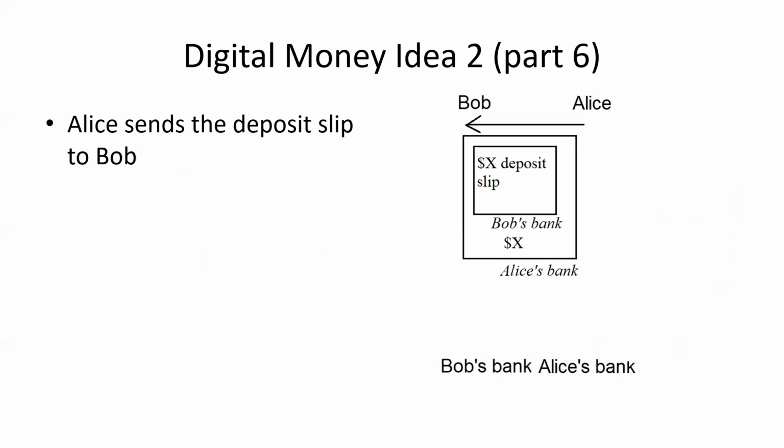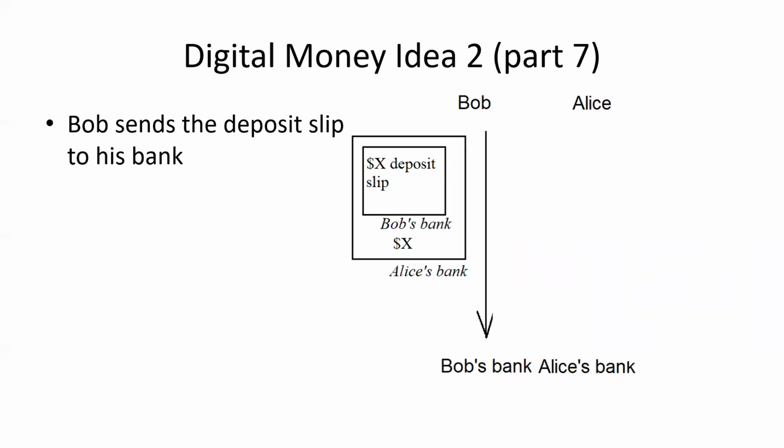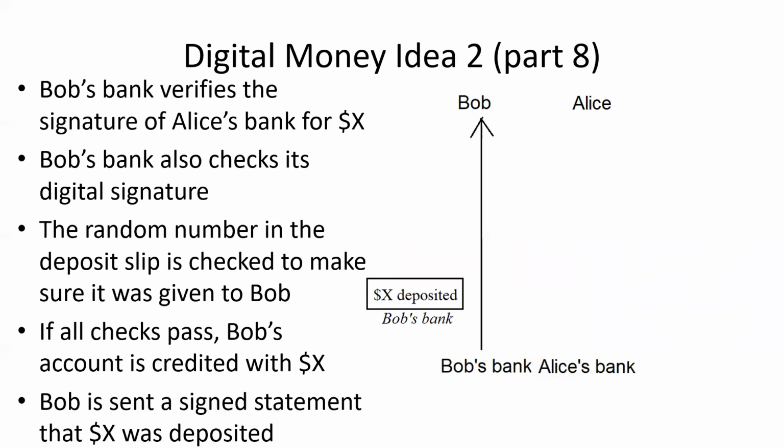Now Alice unblinds the note and ships the whole thing, as it's signed by Alice's bank, over to Bob. Bob then sends it on to his bank. Now his bank checks the signature of Alice's bank for X dollars. He wants to make sure it came from a valid bank. He checks Bob's digital signature to make sure it did come from Bob.